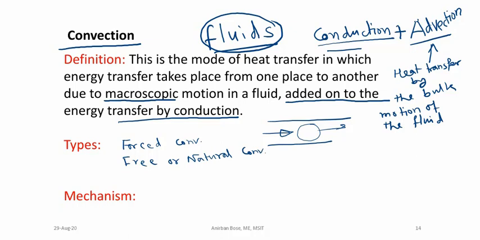Okay, so what is forced convection? In forced convection, the fluid motion required for convection is created by some external agency.